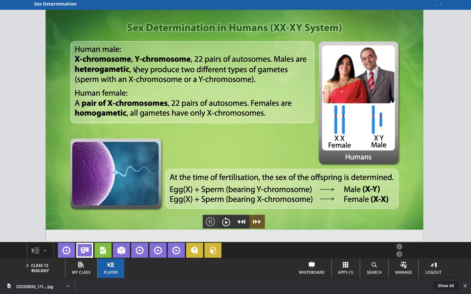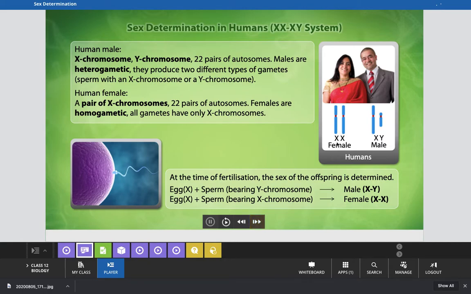Males are heterogametic because they can produce two different types of gametes, sperm with X chromosome as well as sperm with Y chromosome. On the other side, human females have a pair of X chromosomes with 22 pairs of autosomes, and females are therefore known as homogametic, because all gametes or ova developed in females have only the X chromosome.